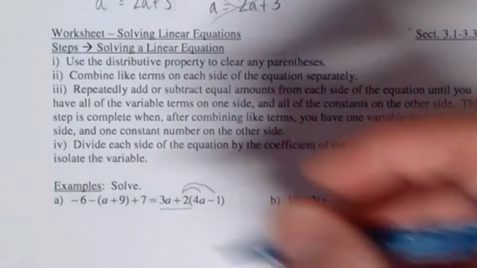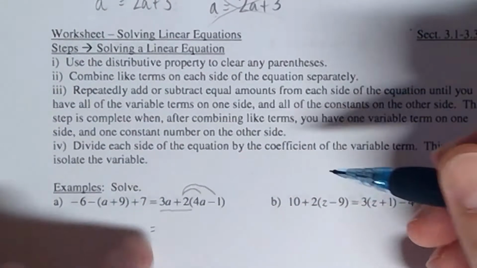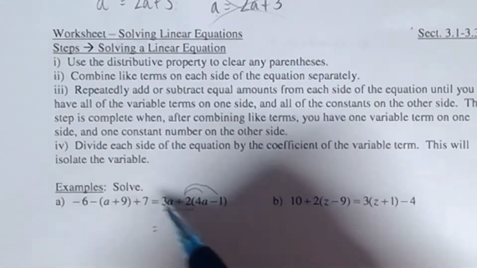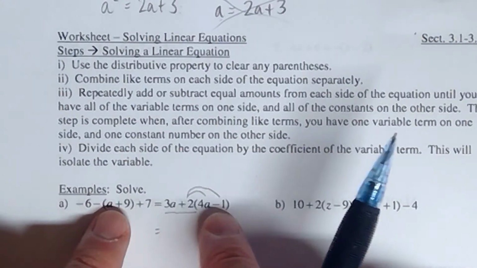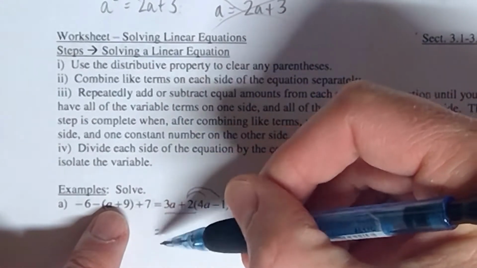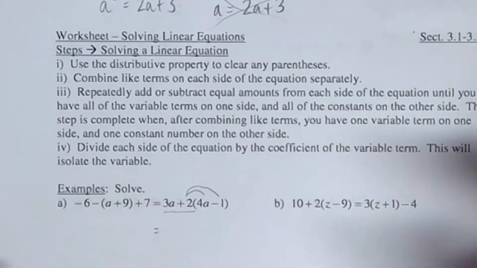So that's my point, you guys. The equal sign breaks this up into two separate parts of the problem. The equal sign is like a divider that keeps the two sides separate.